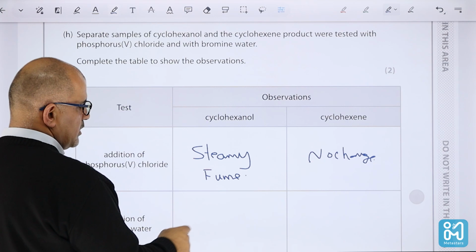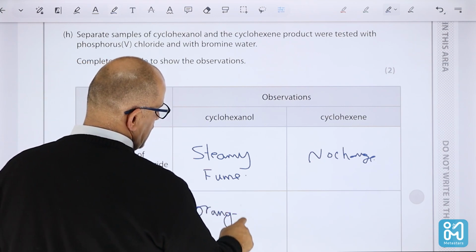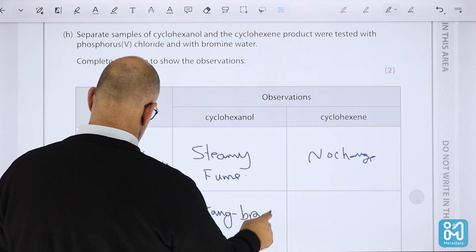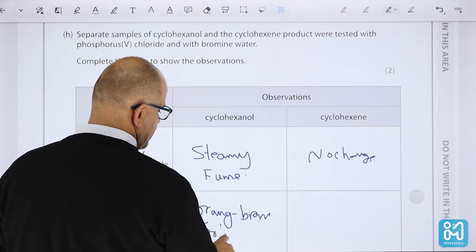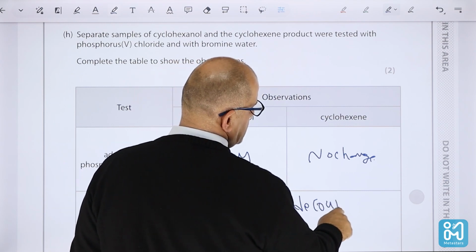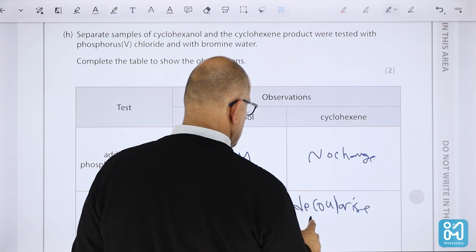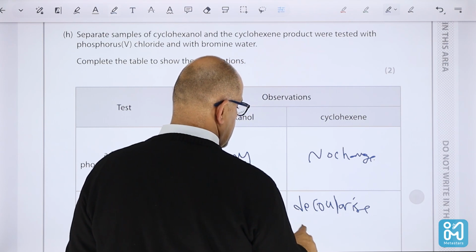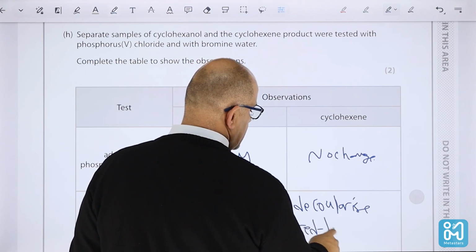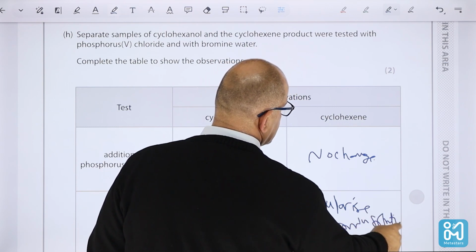For the bromine water, it stays an orange-brown solution for cyclohexanol, but for cyclohexene it decolorizes the red-brown solution. It becomes colorless.